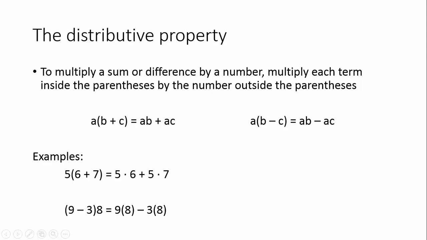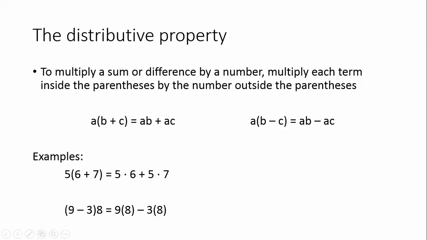This slide is all dedicated to the distributive property, its definition, and some examples. So this all needs to be in your notes. When you do the distributive property, you are multiplying a sum or a difference by a particular number. You will multiply every term inside the parentheses by the number that's outside the parentheses.